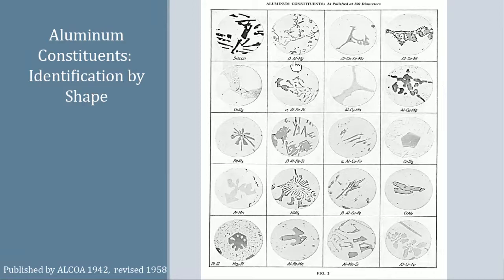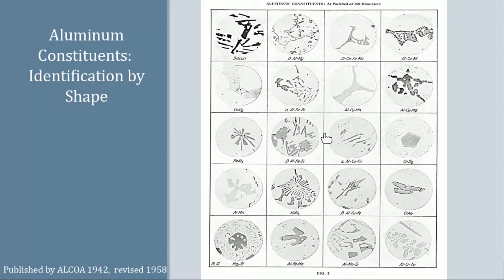This is beta aluminum magnesium. That's an intermetallic. You have an aluminum copper iron manganese morphology, so that looks a little script-like. Aluminum copper nickel. These are all different morphologies, and they're all going to be different intermetallics.